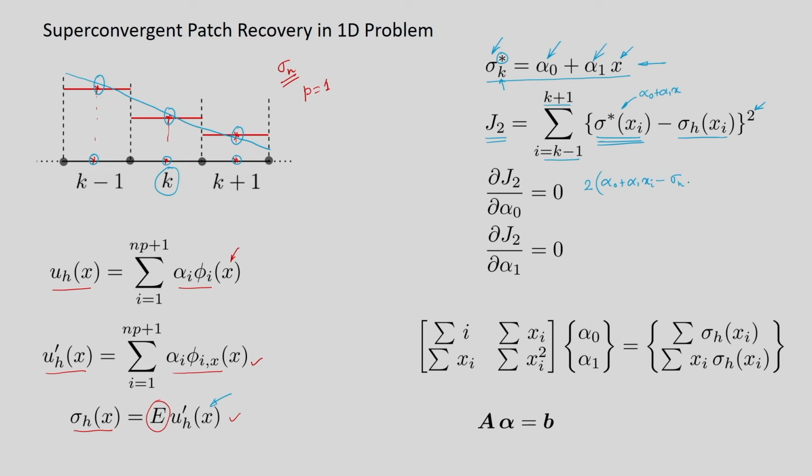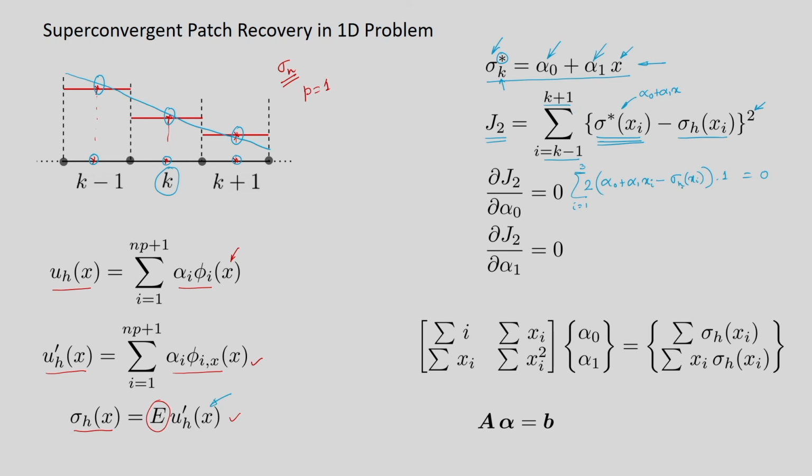This is at xi and this is also at xi. So, the derivative with respect to alpha naught will be 1, and that is equal to 0, and here we have a sum over I equal to 1 to 3, or k minus 1 to k plus 1.